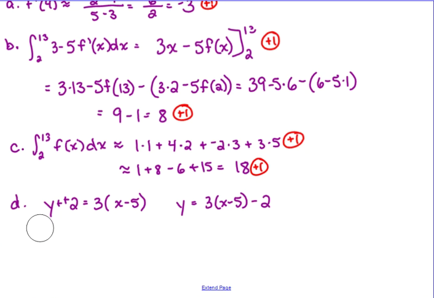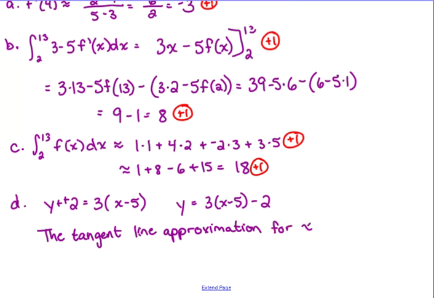All right, so it says to use the tangent line, and we're talking about where x equals 7. So I'm going to say the next part of my explanation is going to be the tangent line approximation for x equals 7 says y equals 3 times 7 minus 5 minus 2.